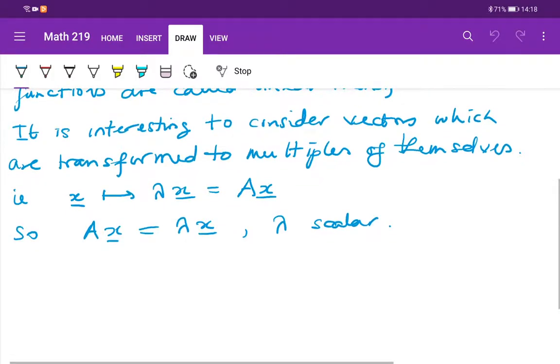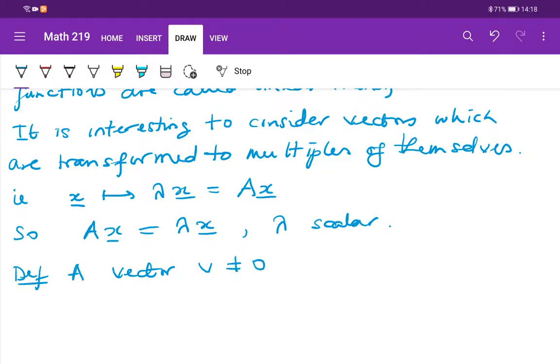So, in such a situation, we make the following definition. We call a vector V, which is non-zero, an eigenvector. Notice that if you put x equals 0, A times 0 is 0. So 0 is always sent to itself, so it's only interesting if it's non-zero.